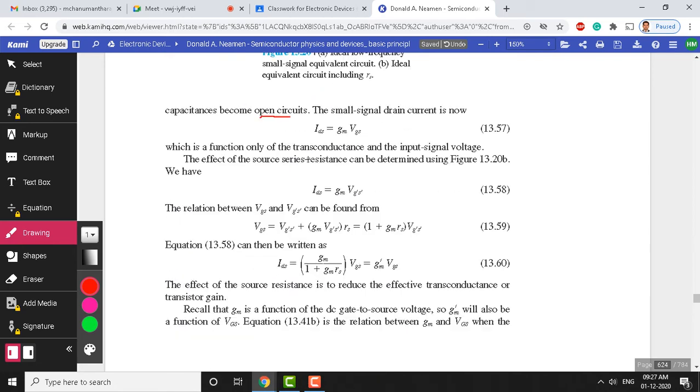Let's now look at a small derivation, which is very simple, not so difficult. From the ideal small signal low frequency model, we can write this equation: IDS is equal to GM times VGS. And let us see the effect of source resistance. The moment you introduce source resistance, IDS becomes equal to GM times V G dash S dash.